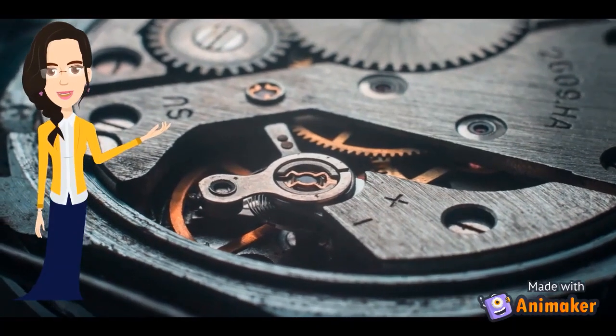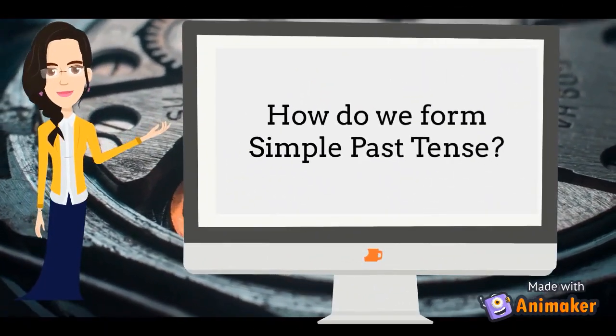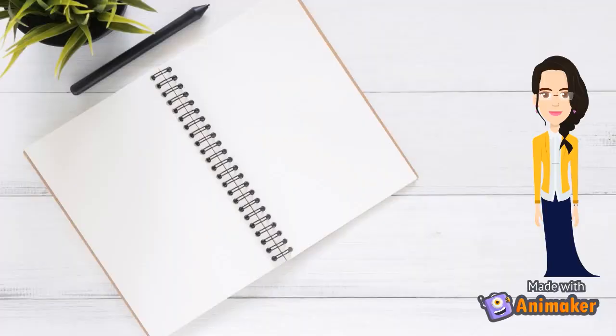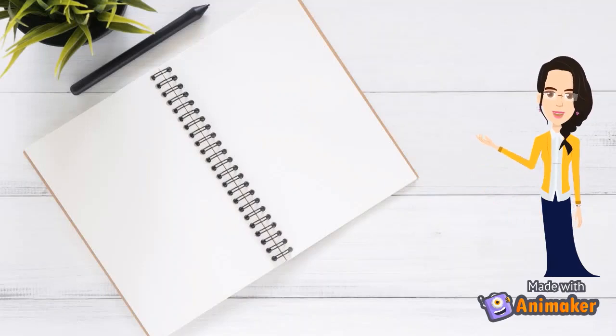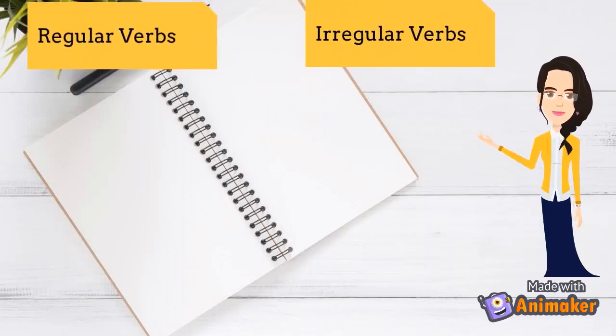And now we are going to learn about the formation of simple past tense. The first thing that you have to remember when you work with simple past tense is, in English, there are two kinds of verbs, regular verbs and irregular verbs. How do we know which one is which?